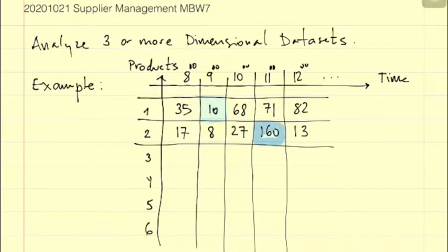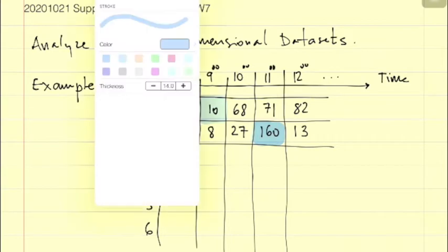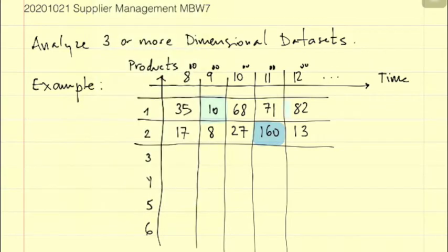Okay. And we paint these pixels or these cells darker the more money people spend.